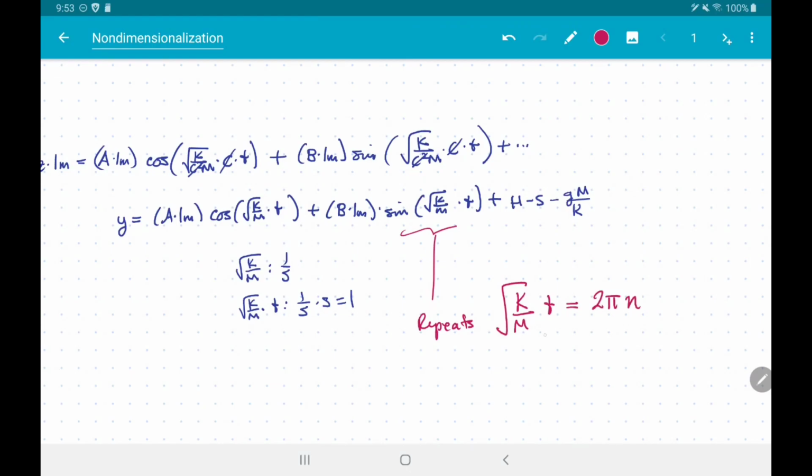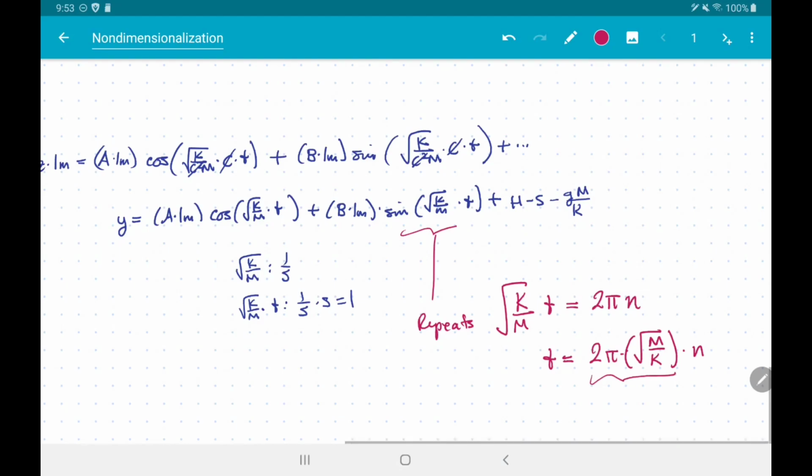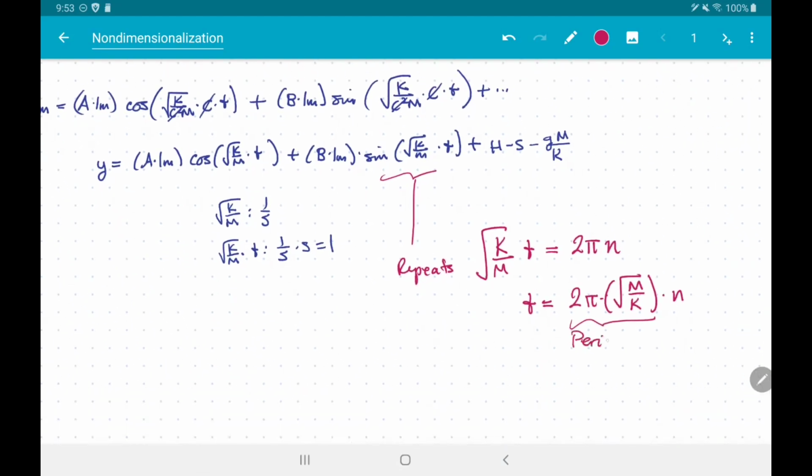So if you want, this is saying that it repeats when, I'll divide it over, it repeats when time is an integer multiple of 2 pi times the square root of m over k. So in other words, this is the period in seconds of the oscillations. So the square root of m over k is not in itself the characteristic timescale, but it's a multiple of the characteristic timescale.